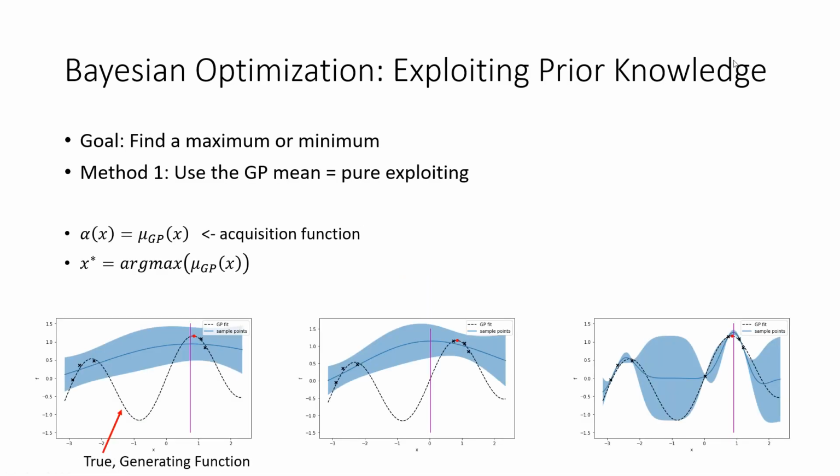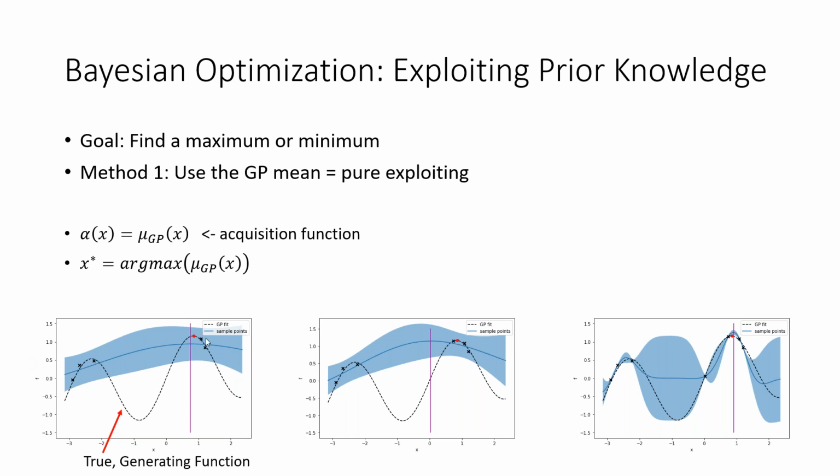So as a simple example for Bayesian optimization, we're going to start off with a methodology that focuses on pure exploitation. So in this case, again, we have 5 data points drawn from this underlying function, the dashed line, and the blue curve indicates where the GP expects the underlying function to be, described by this mean curve here.